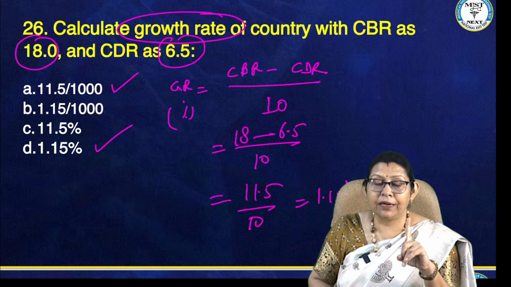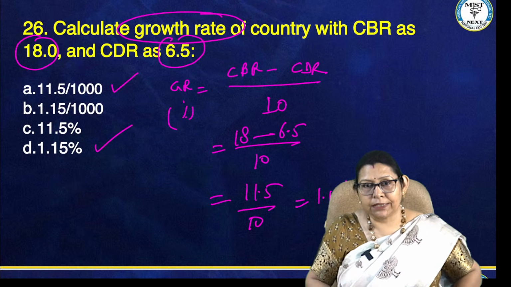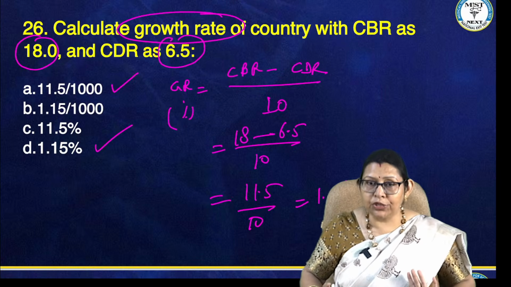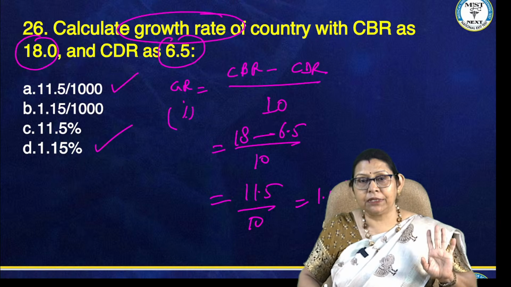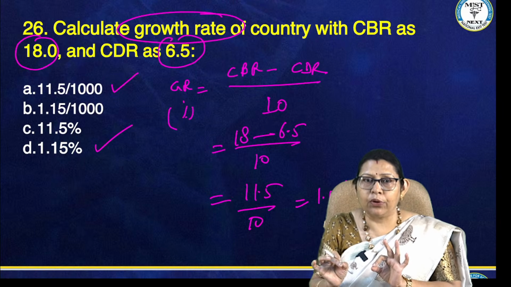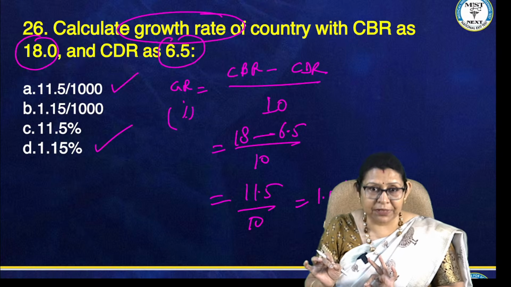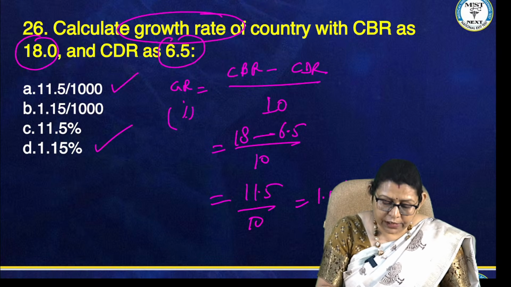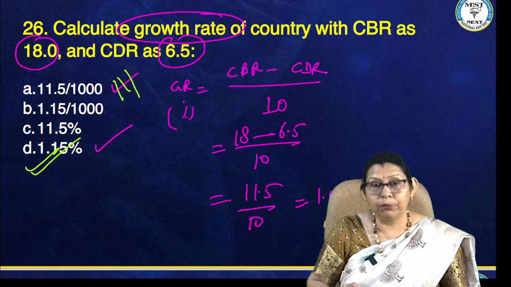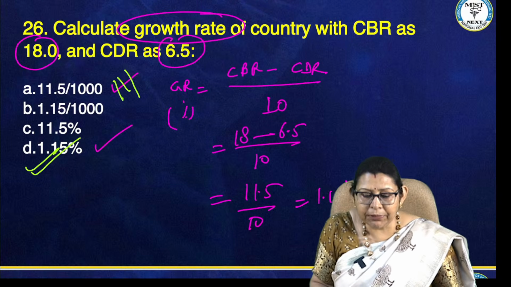Okay, keep in mind what they are trying to ask in the question. If they asked per thousand, then you have to answer as per thousand. If they didn't ask per thousand, then the standard protocol is that growth rate is always expressed as a percentage. So your best answer over these two will be 1.15%. Okay beta.